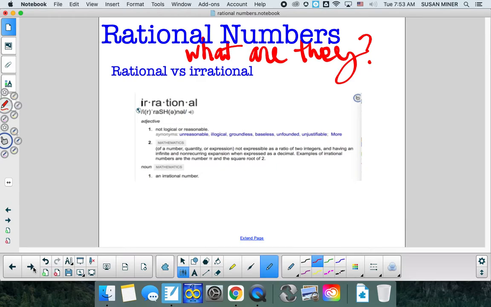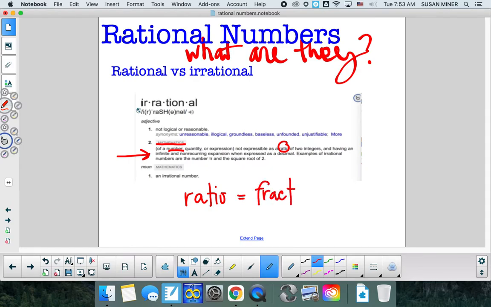Okay, so what does that mean in math? Here's the mathematics definition of an irrational number. It's a number, or an amount, a quantity, that is not expressible as a ratio. Remember that word ratio. That word ratio is the same as the word fraction.